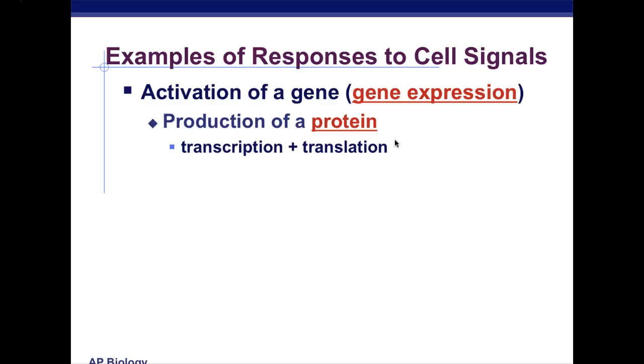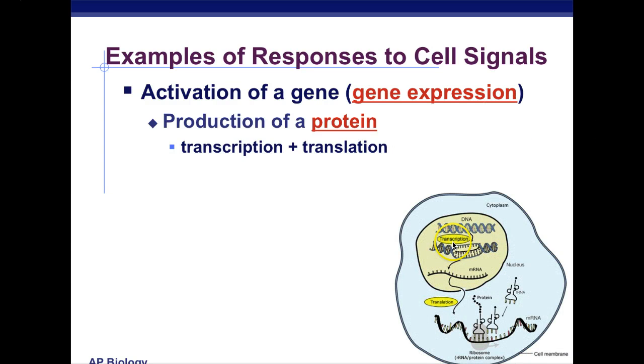So these signaling molecules tell a cell when to actually copy part of their DNA into RNA, and then that RNA will eventually lead to the production of a protein. So this is what actually tells our endomembrane system to start making a protein. Okay, so again, the signaling molecule will actually tell the cell when to take a portion of its DNA, copy it to RNA for the purpose of making a protein.